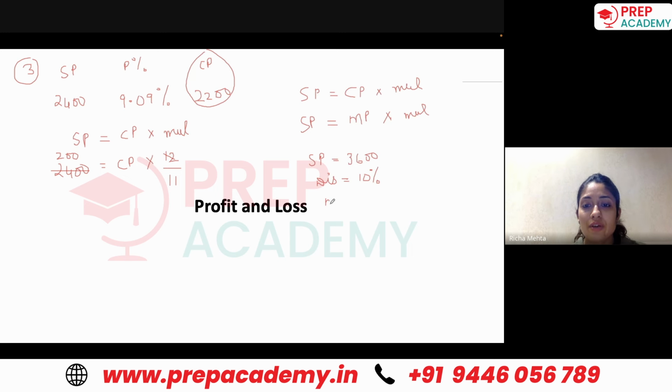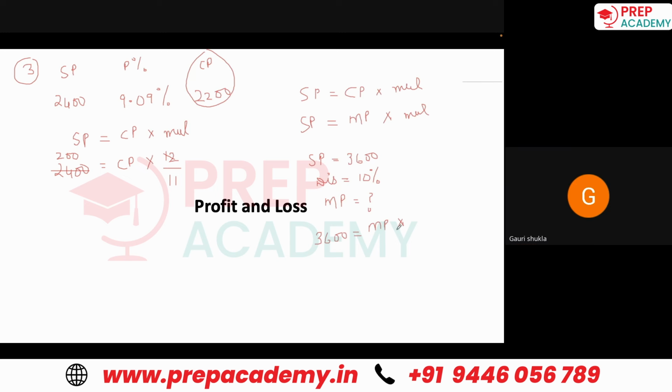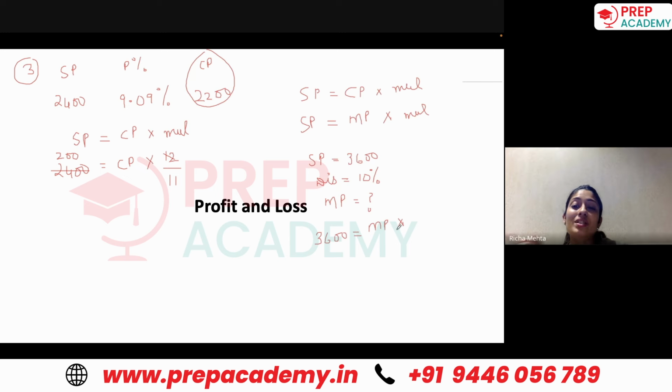You are supposed to find the mark price. How will you do it? So selling price is 3600. Mark price I don't know. But what will be the multiplier applied on the mark price? 9/10. Because it's a discount, it has to be minus by default. So 1 minus 1/10. And that is why if you calculate, your mark price will be 4000.